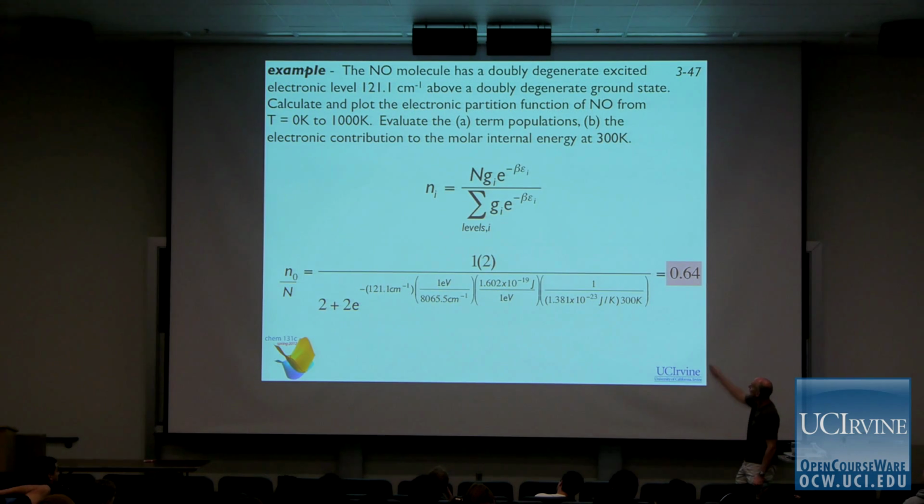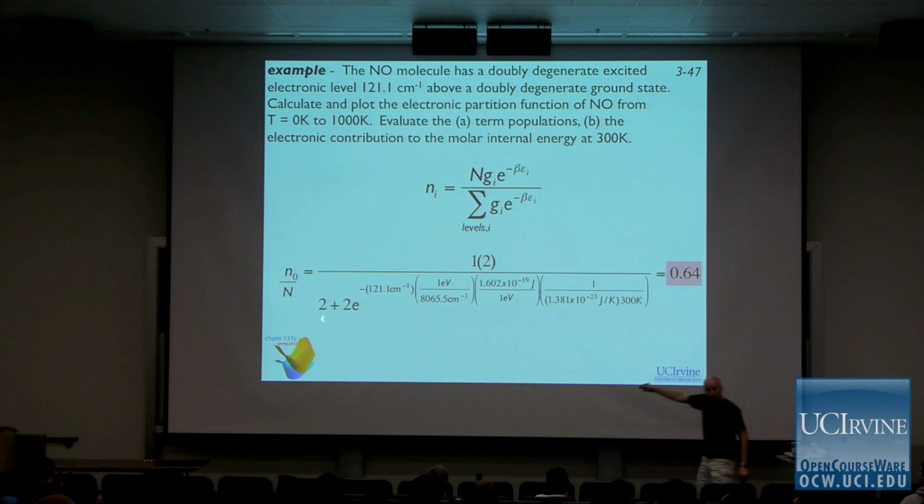Now, we want to calculate these term populations. The ground state is n0 divided by N. In the numerator, we have the first term of our partition function. Right, the ground state is the first term over the whole partition function.